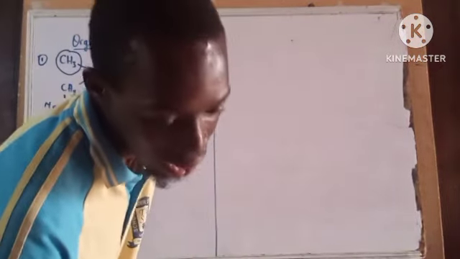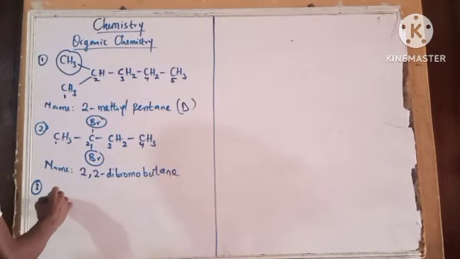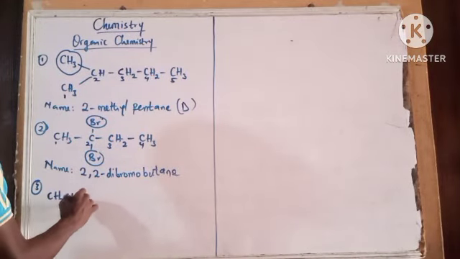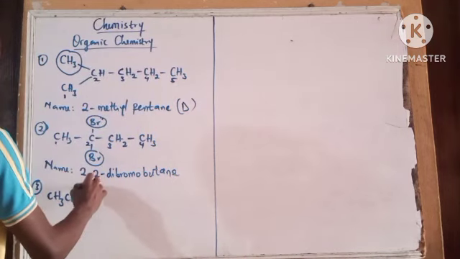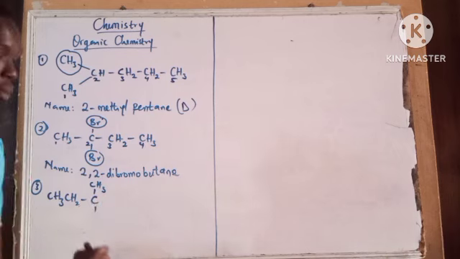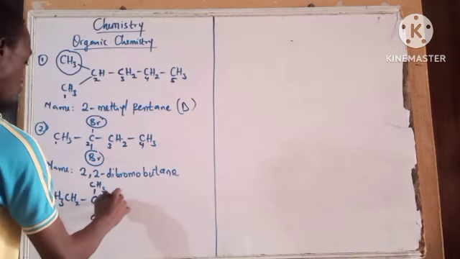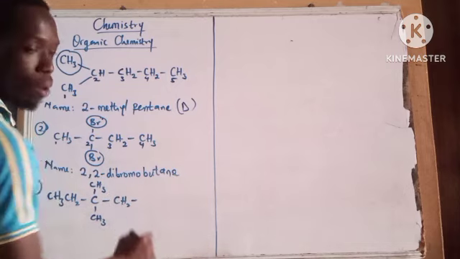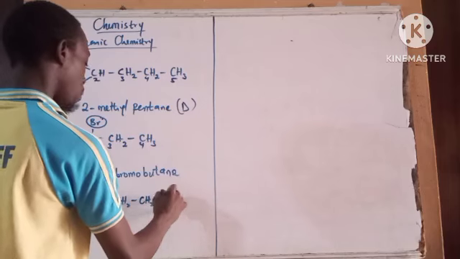Question 3. Now for question 3, we have this compound: CH3, CH2, CH3, CH2, then CH2, and CH3.